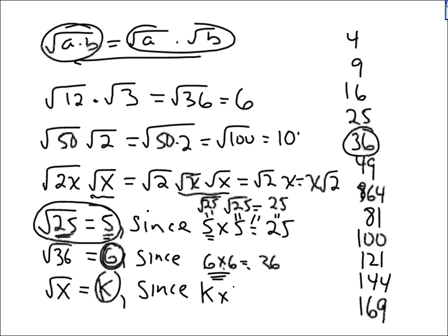Since k times k is equal to what's underneath the radical sign, namely x. But what's another way of writing k? Square root of x. So the square root of x times the square root of x is x. The square root of 11 times the square root of 11 is 11.